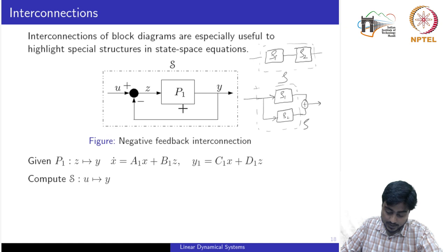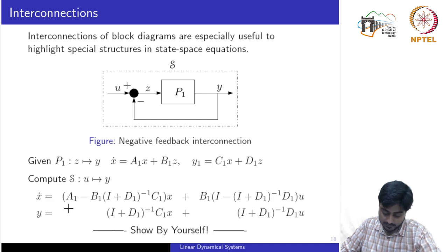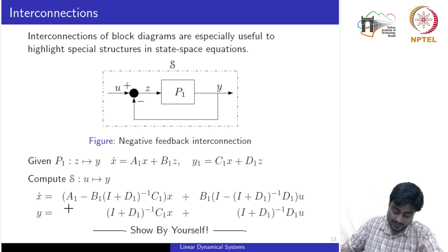Now we need to compute the S, which is the mapping from u to y. So solving this state space representation, we finally obtain this state space representation of the entire system.